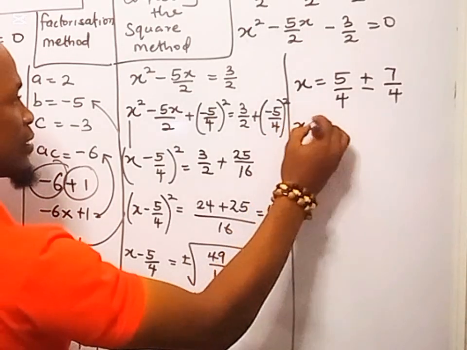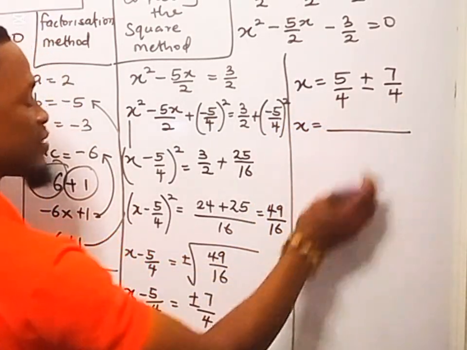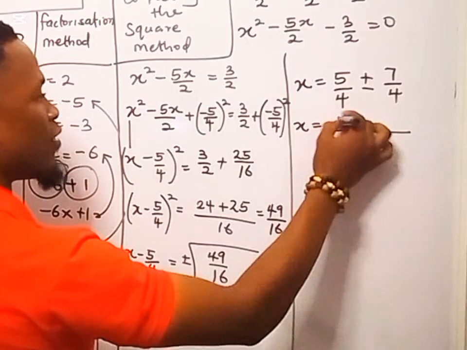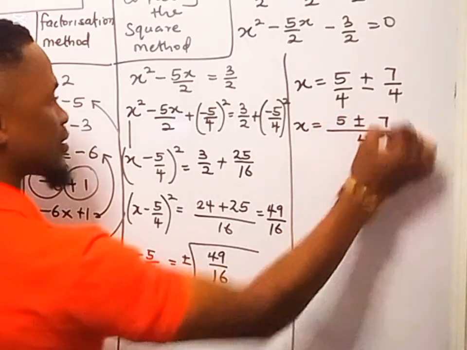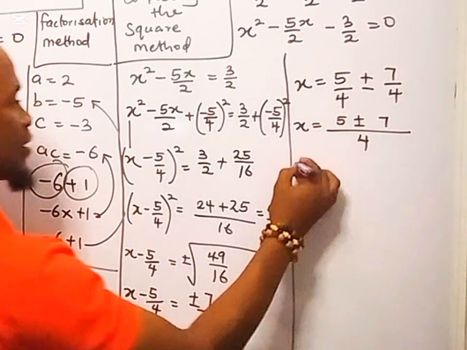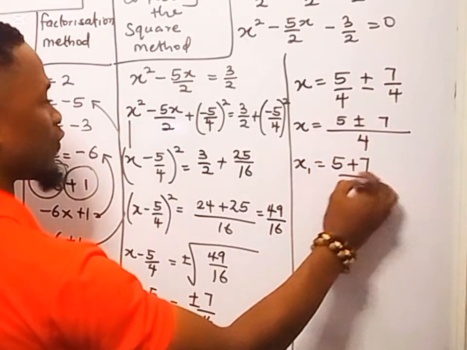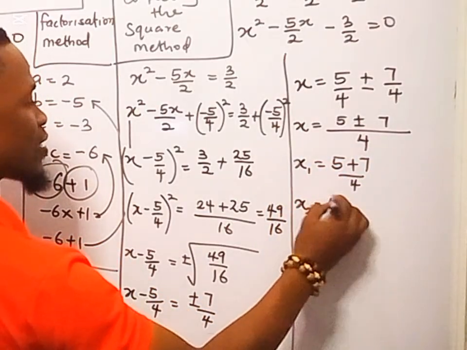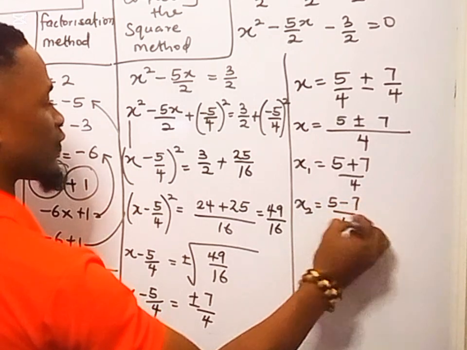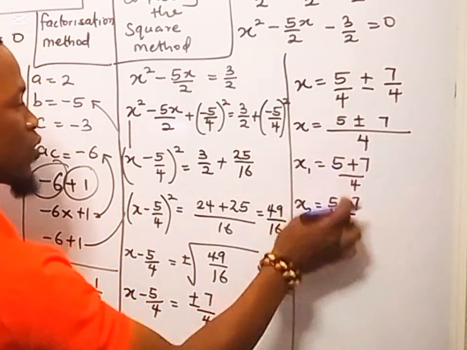They have the same denominator, so x is 5 plus or minus 7 over 4. So what does this mean? This means that your first x is 5 plus 7 over 4 and your second x is 5 minus 7 over 4. That is the meaning of plus or minus.